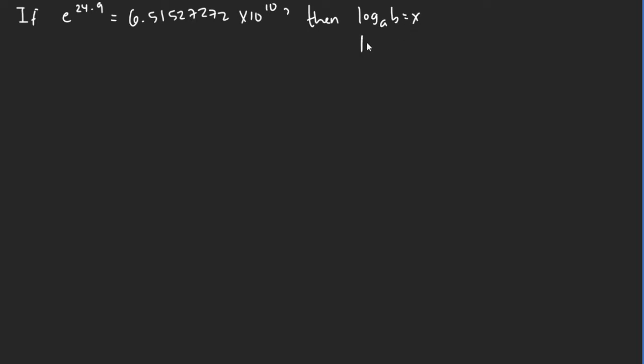So problem number 1, we need to identify the parts of the logarithm. Number 1, if e raised to 24.9 is also equal to 6.5152 7272 times 10 raised to 10, then we use the logarithm log base a of b is equal to x, or also known as log base e of b is equal to x, where Euler raised to x is equal to b.